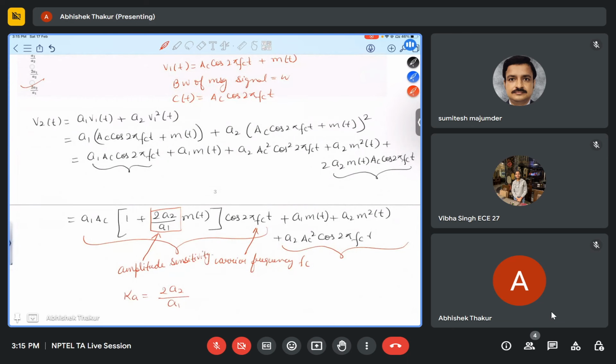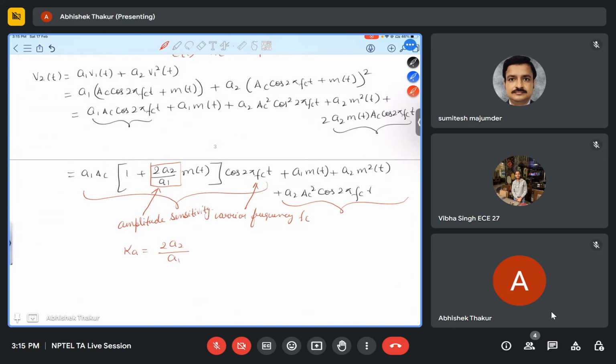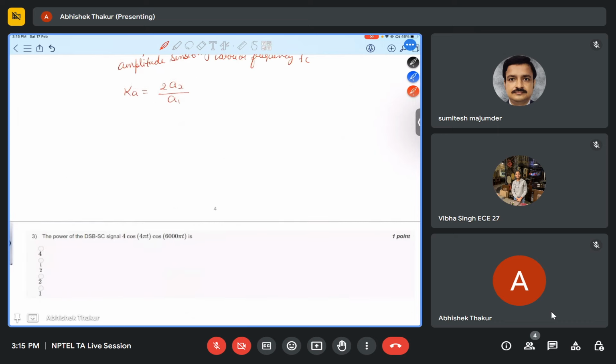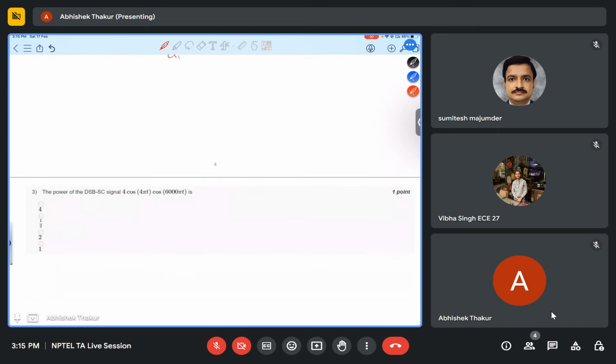So we'll move on to the next question. The next question is related to the power of double sideband suppressed carrier.